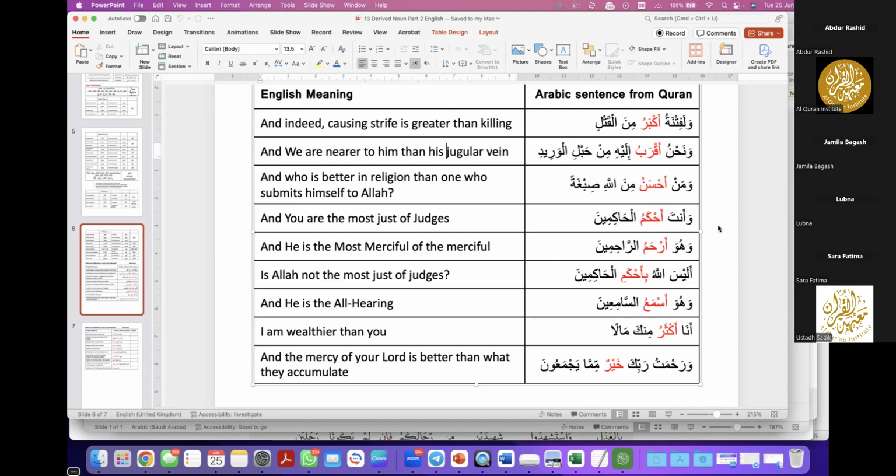Hakam, it's a noun. There has to be a verb. Okay. So Ahkamu ism tafdil is an ism. Ism tafdil, so that will not apply here. Otherwise, it was okay. Nice one.